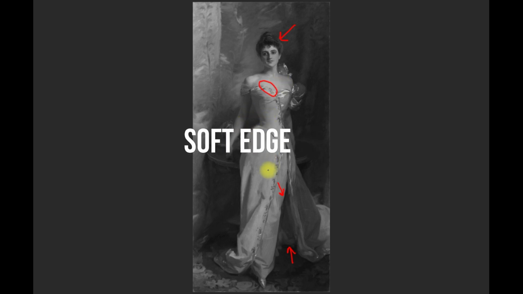And there are some harder edges here along her dress and this shadow area. And then the edge here is kind of soft because the values are a little bit closer. You have less contrast between those two spots. This hand is in shadow.